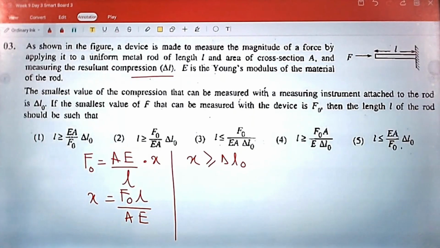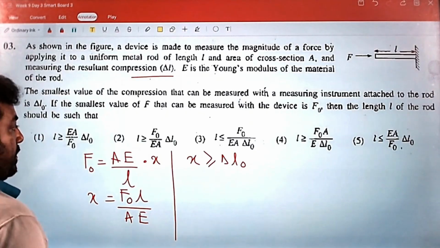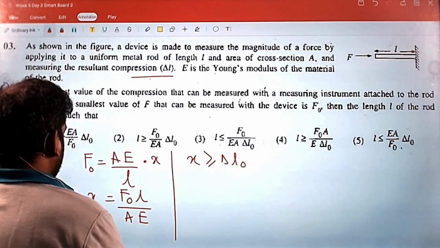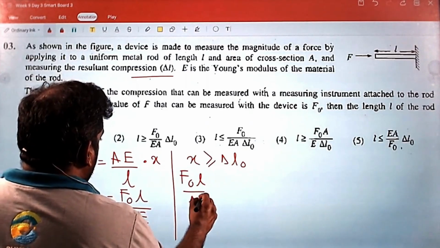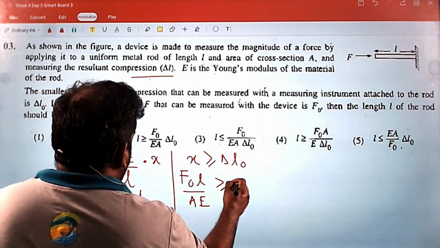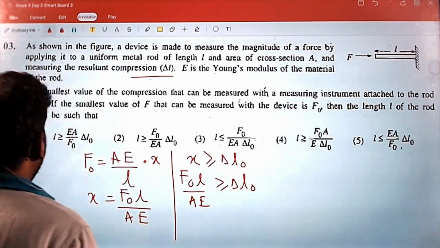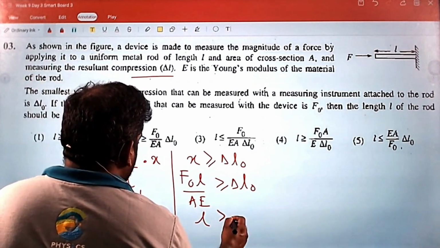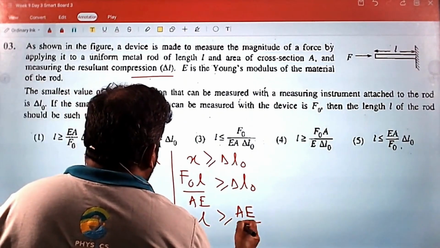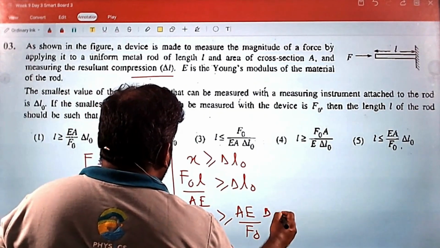That's the whole idea. X can't be smaller than delta L naught, greater or equal. So here, F naught L over AE is greater or equal to delta L naught. So L is equal to AE over F naught times delta L naught.